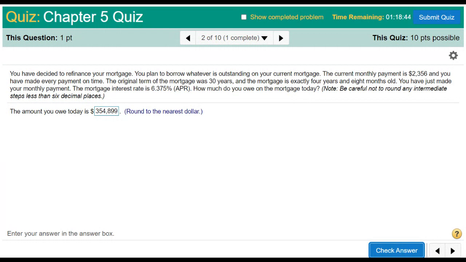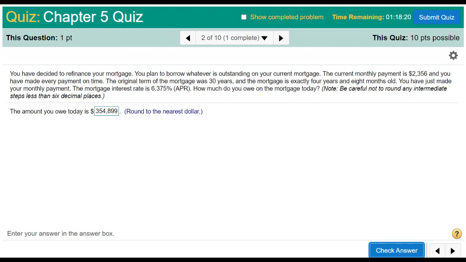Very good. So the original term is 30 years, so you have to convert that into months, which is 360. And the mortgage is exactly 4 years and 8 months. You already know 8 months, so you convert 4 years, which is 48. So 48 and 8 is 56.